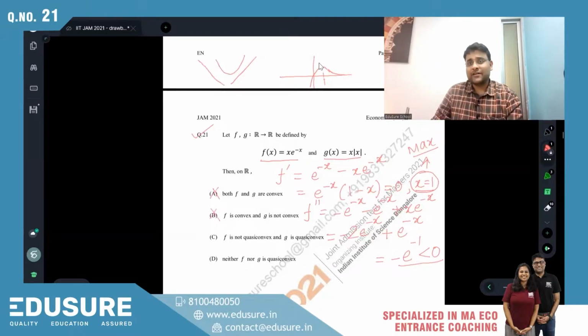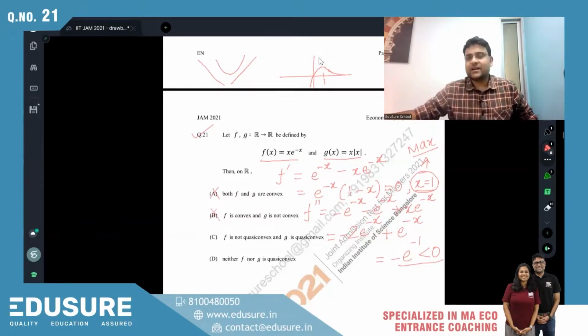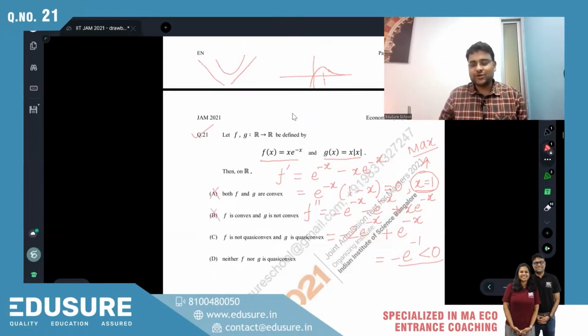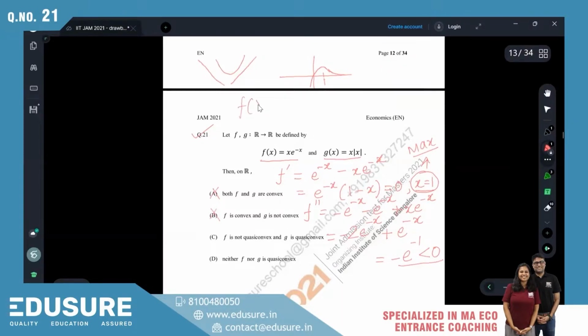This you can also verify by the theory that I have already done with you for quasi-convexity, wherein I said that the mathematical definition of quasi-convexity was f of (lambda a plus 1 minus lambda b) is less than or equal to max of f(a), f(b).